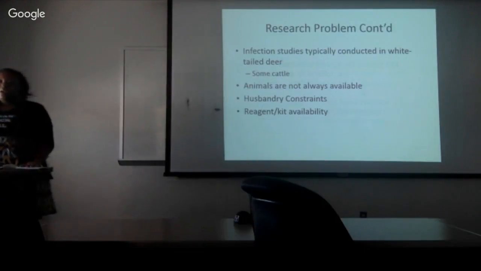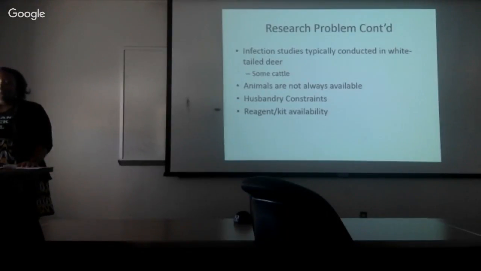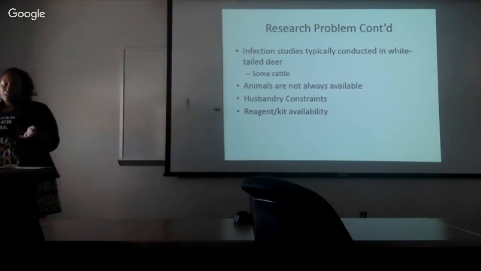And so far, infection studies are typically conducted with white-tailed deer, which is the natural host, and then occasionally some cattle. But this can cause some issues because animals are not always available. We commonly get orphan baby deer or deer from deer farms.